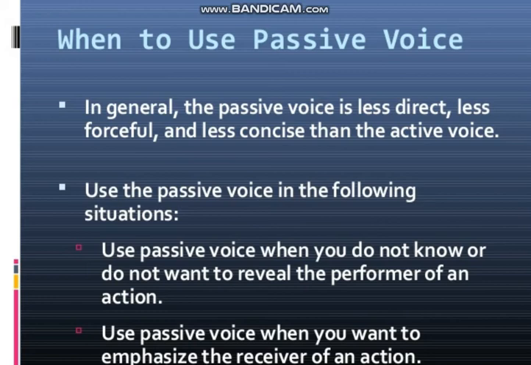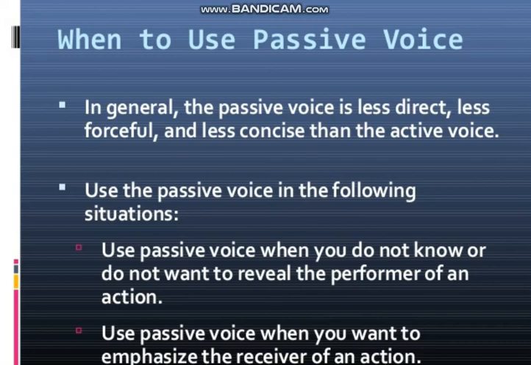As an example, suppose you have broken a glass in the kitchen and you just told your mom that a glass was broken, and you didn't want to show who has done it, because obviously then you would be scolded. That's why you just say that a glass has been broken. So that would be in passive voice. You don't want to show the performer of that action.